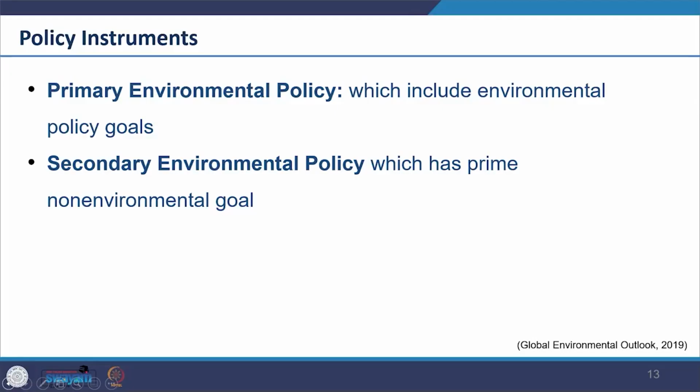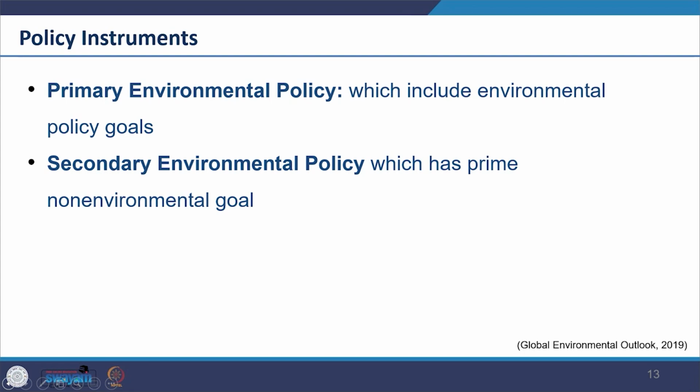Policy objectives are achieved through instruments. Instruments are structured activities targeted to meet the goals. In practice, we see both primary and secondary policy instruments. For example, primary policy instruments include energy and transport policy, which include environmental policy goals. Primary environmental policies are targeted towards the environment.